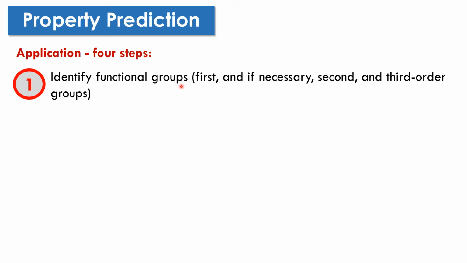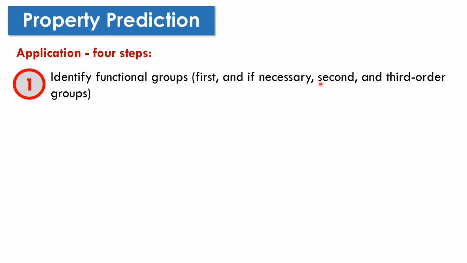You can first break it down in terms of the first order groups, and if you think you need to add more information to the structure, then of course you can add the second order groups. In order to know how to use the second and third order groups, I would recommend that you read the Marrero-Gani paper from the year 2001.